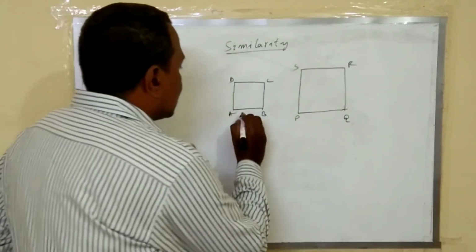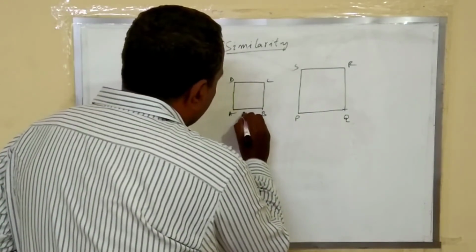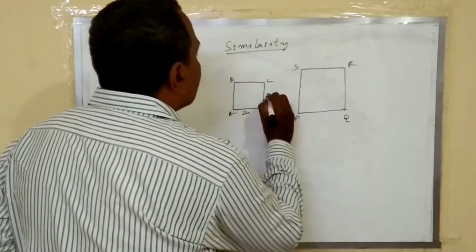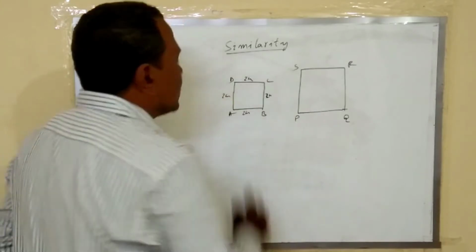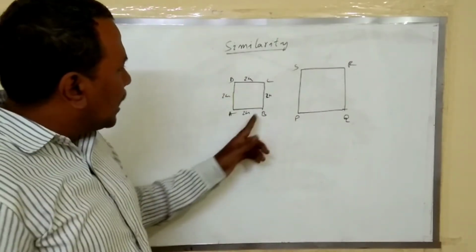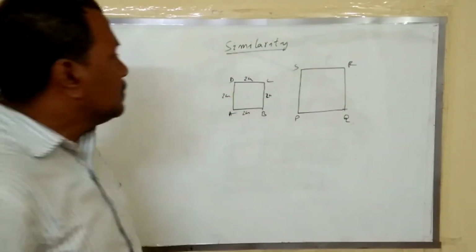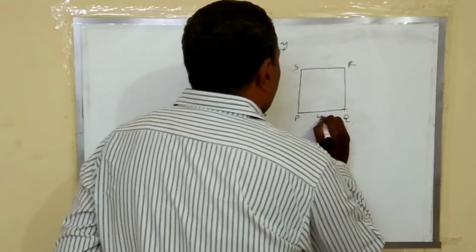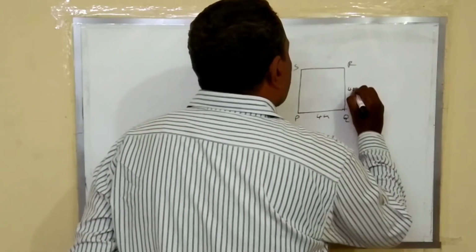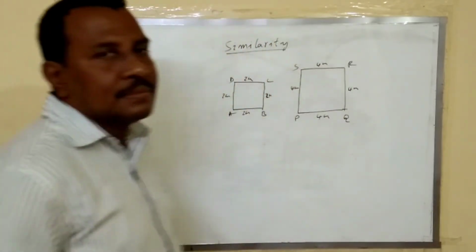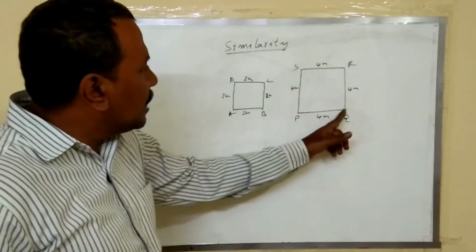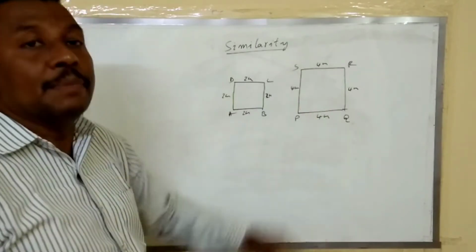So for example, if I say AB is equal to 2 centimeters, the side of each square is 2 centimeters. And PQ is equal to 4 centimeters, 4 centimeters, 4 centimeters, 4 centimeters. How do these 4 centimeters come about?